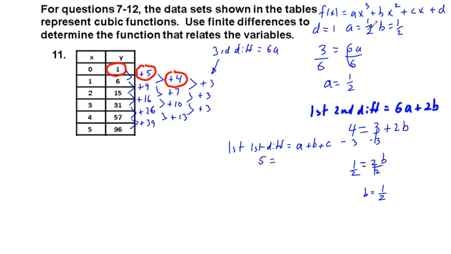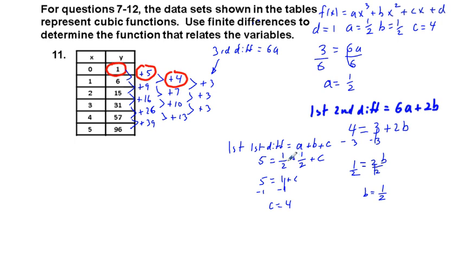Well, a is 1/2 plus b is 1/2 plus c. So that's going to be 5 is equal to 1 plus c, and subtracting 1, c is equal to 4. So right up here, c is equal to 4.